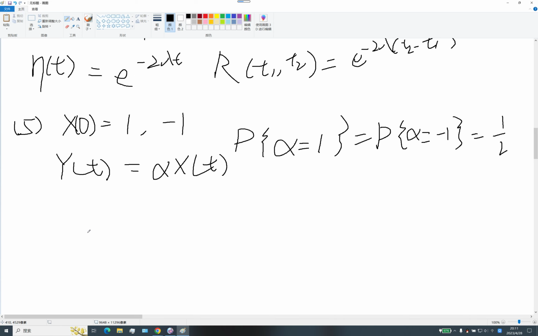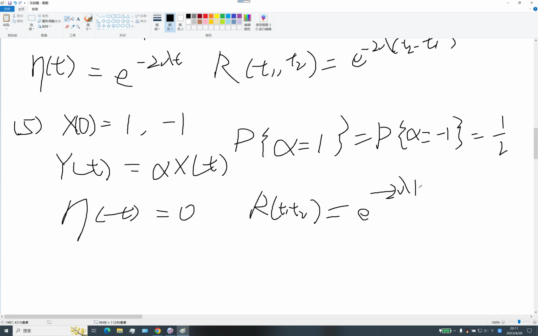And we can know that because it is equally 1 or minus 1, the mean of xt equals 0. So the eta is 0. And the autocorrelation R(T1, T2) is equal to e to the minus 2 lambda times the absolute value of T1 minus T2.